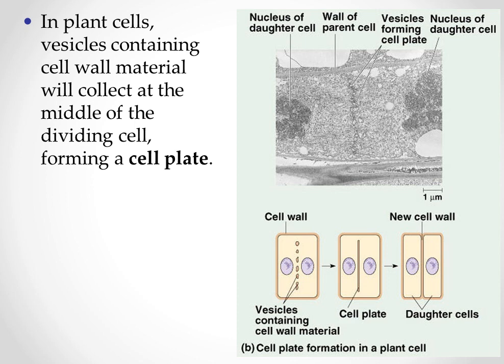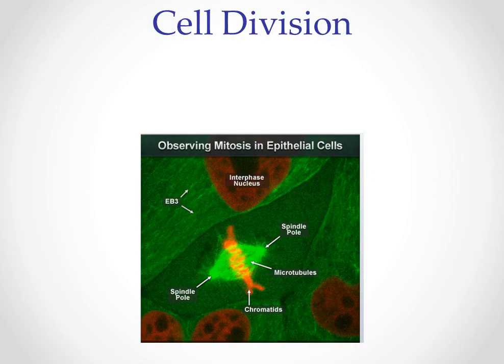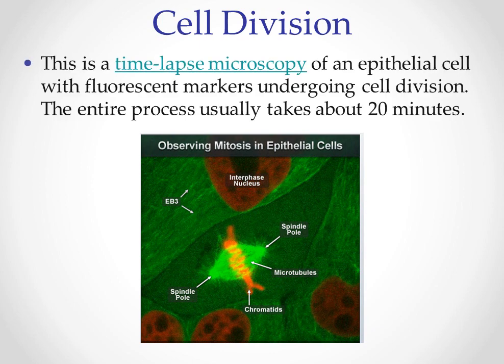Okay, so the cytoplasm is going to divide into a cell plate, okay, that cell plate is going to eventually be that cell wall. Now, click on the video, take a couple minutes, check it out.